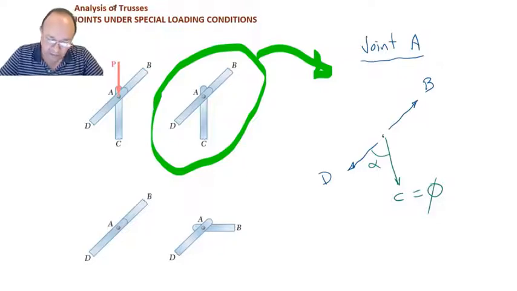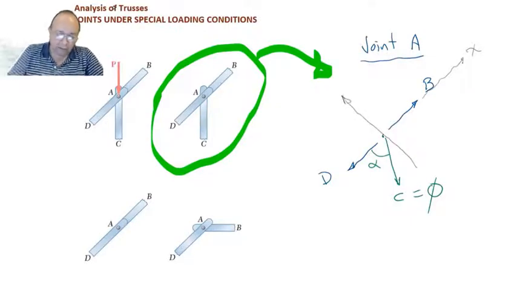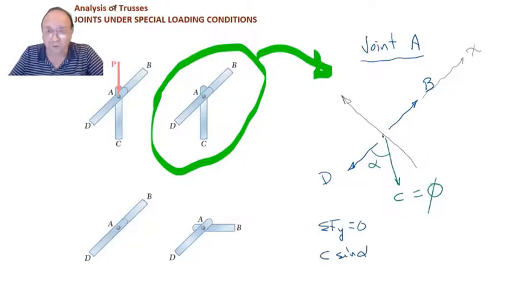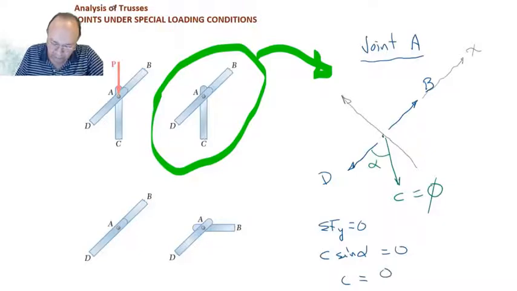Why? Because if you set up a set of axes here, let's say this is X and this is Y, when you set up the summation of forces in the y direction equal to 0, you will have something like C sine of alpha, and there are no more forces with components in the y direction, right? So this is equal to 0, therefore C is equal to 0 divided by sine alpha.